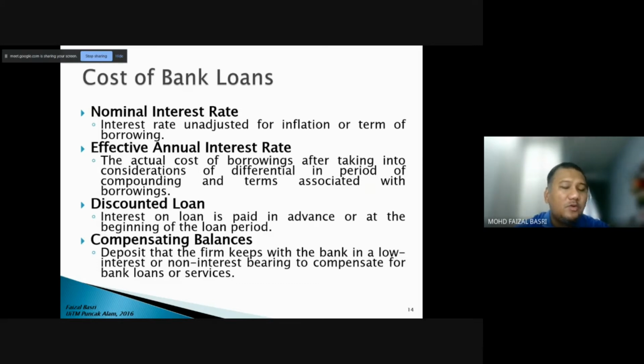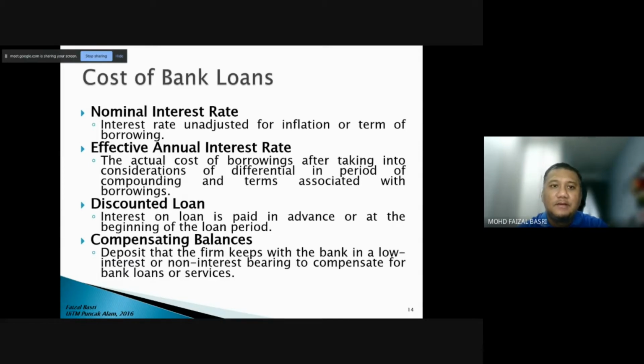Now we go back to the calculation part. The first 4 or 5 earlier were just the introduction, the features of each source of financing. So now we go to the first one. Actually, we were talking about the notes payable or the bank loans earlier. So here is some information regarding the cost of bank loans.